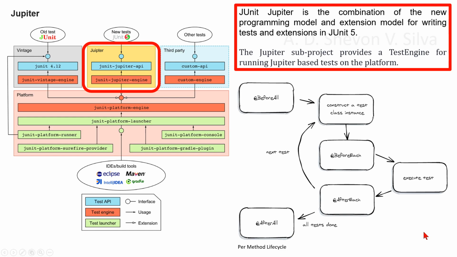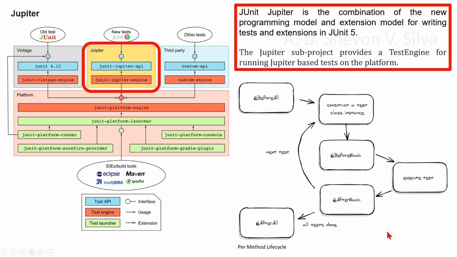If you have 10 test methods in the test class, BeforeEach and AfterEach will be executed 10 times, but BeforeAll and AfterAll only once. Here you can see a per method lifecycle. This is a test instance lifecycle.